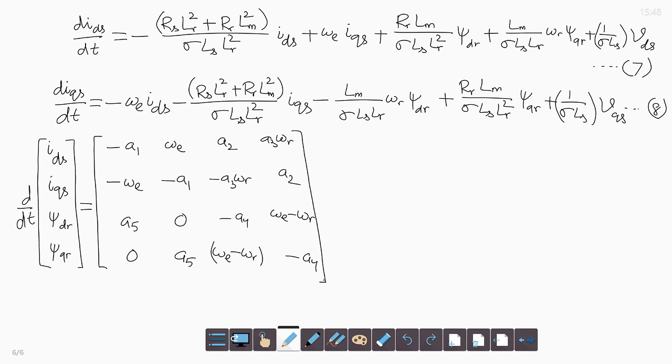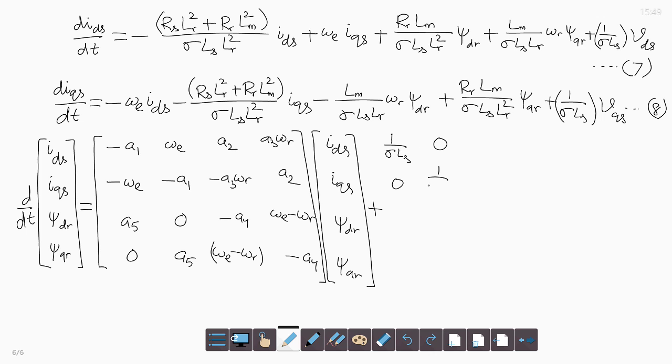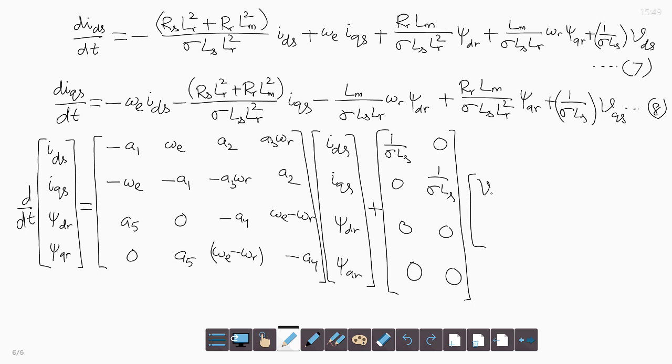This is the system matrix, multiplied by the state vector ids, iqs, psi dr and psi qr, plus the matrix 1 by sigma Ls, 0, 0, 1 by sigma Ls, 0, 0, 0, 0, whole into vds, vqs.